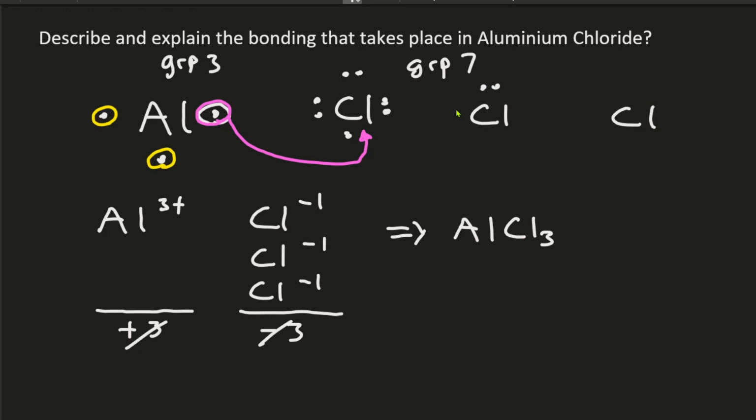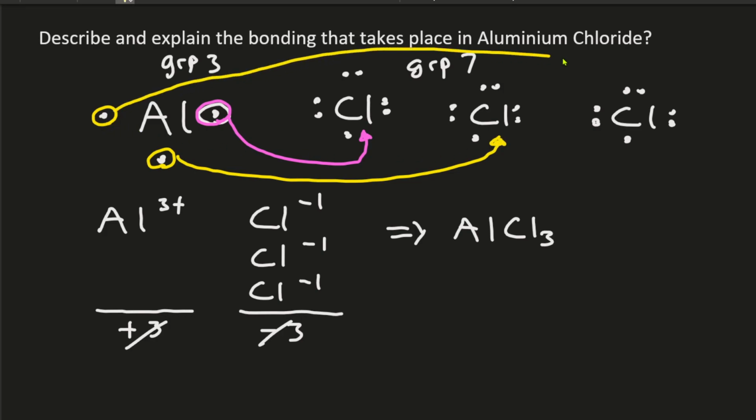So we've got 7 over here, and we've got 7 over here. And so this one will go to one of these chlorines, and this one will go to the other one. Right there. And there you have it. So you've now got 3 of these electrons from the aluminium going to 3 different chloride ions.